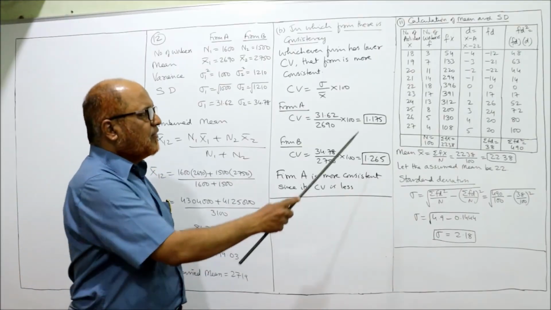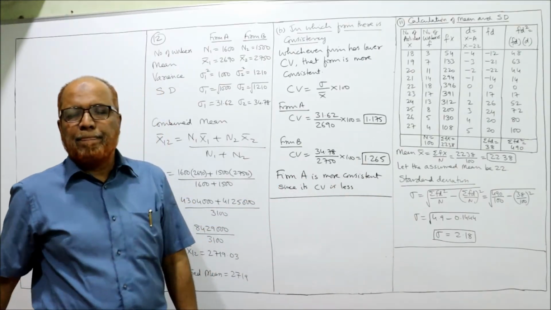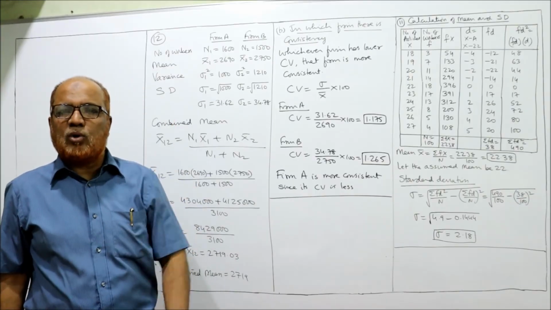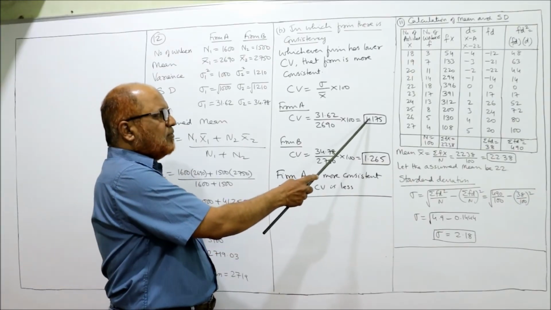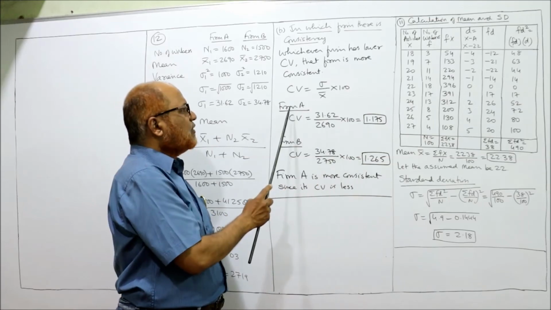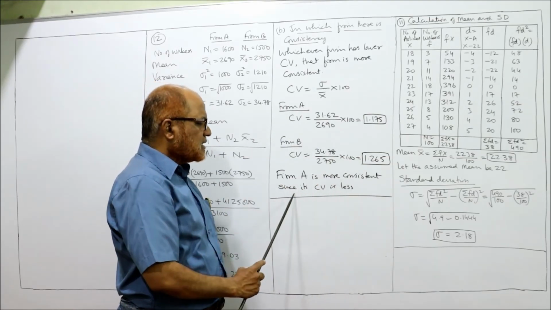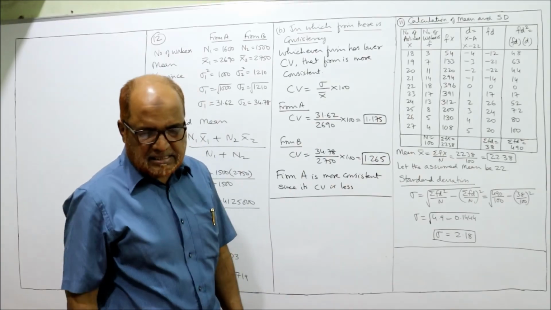We got the CV for firm A and the CV for firm B. Now compare. Whichever firm has a lower CV is more consistent. Here 1.175 is lower. For which firm? Firm A. So the conclusion: firm A is more consistent since its CV is less.